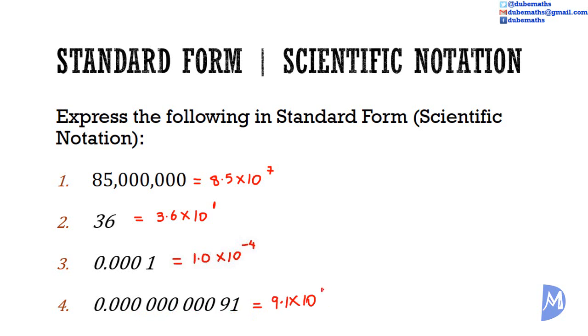It moved 10 spaces. This is a very small number, so we know that it's negative. And we could confirm 9.1 multiplied by 10 to the negative 10 is the same as 9.1 divided by 10 to the positive 10. We'd move the decimal point 10 spaces to the left, and we'll get back the number we started with. So this is correct.